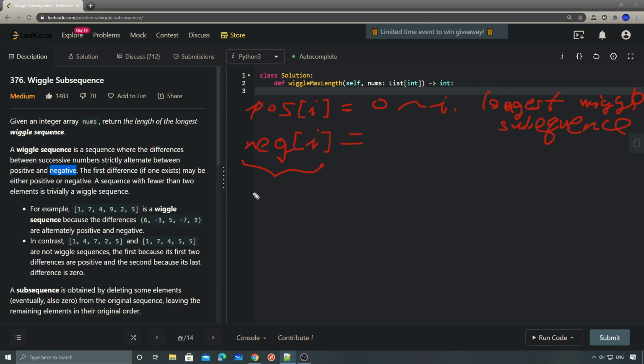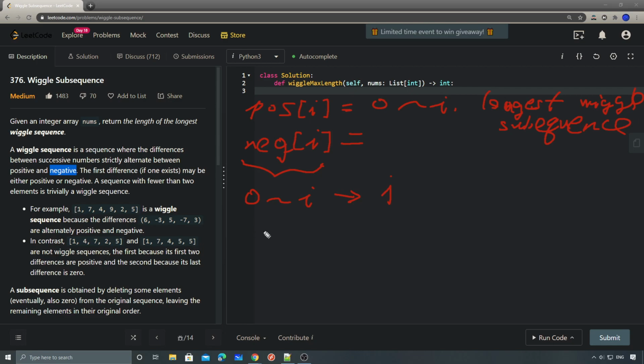At the ith location, the DP state transition is as follows. We loop through from 0 to i with a j, and we check if nums[i] is greater than nums[j].